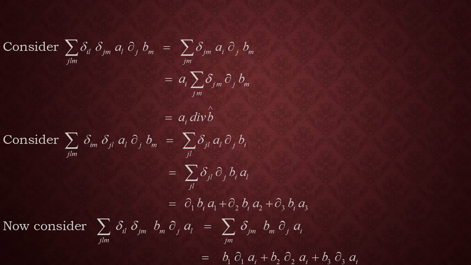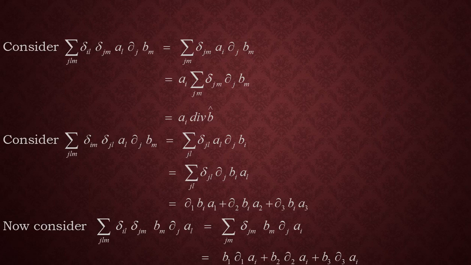So our part 1 becomes summation sigma over jlm delta suffix il delta suffix jm al dou j bm equals summation sigma over jm delta suffix jm ai dou j bm.